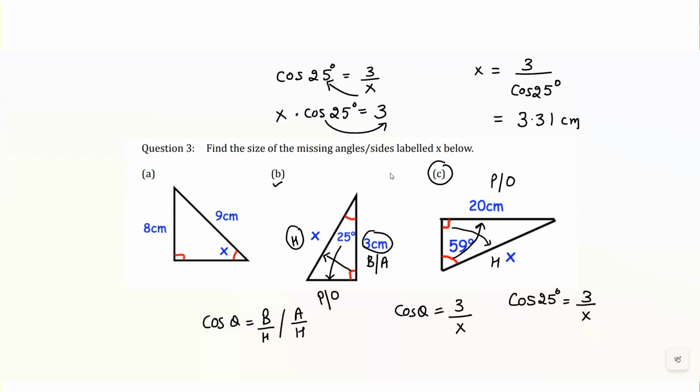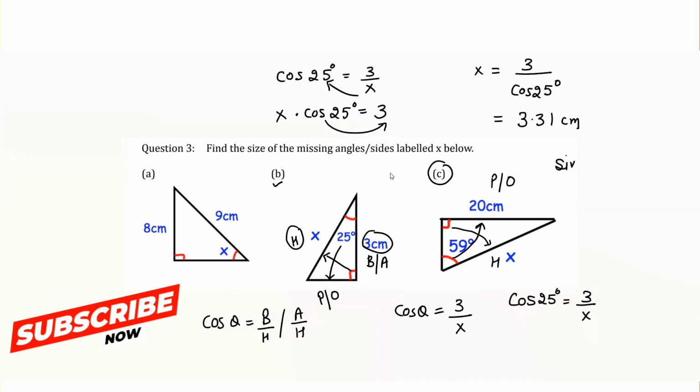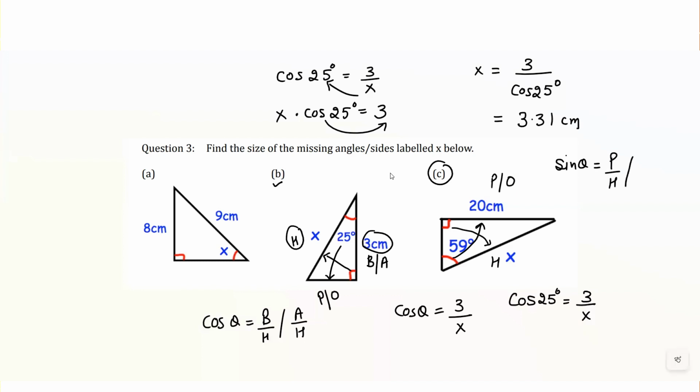Where we use O and H, or P and H, we use sine theta. So sine theta can be written as P over H, or it can be written as O over H. So sine 59 degree is equal to, the value of P is already given, which is 20, and H we don't know, which is x. So we'll take x to this side, and we get x into sine 59 degree is equal to 20.